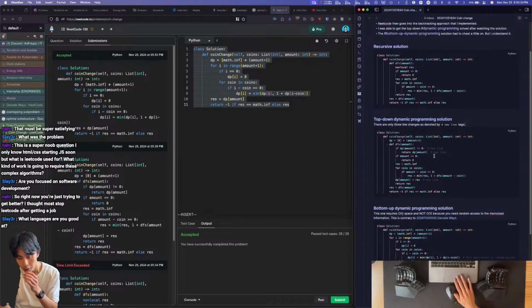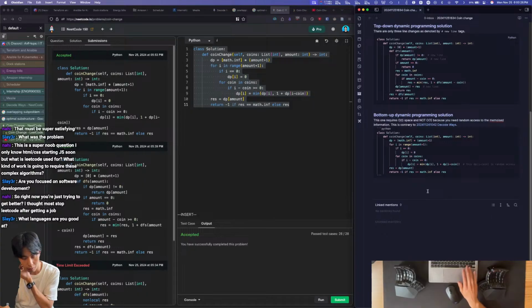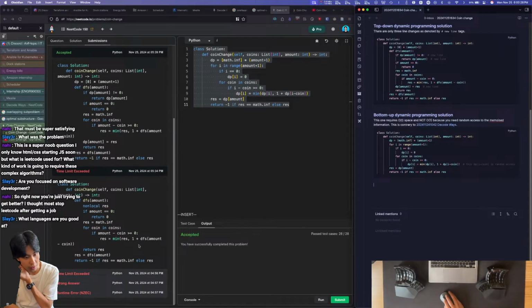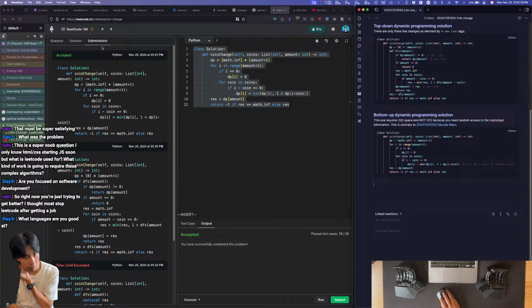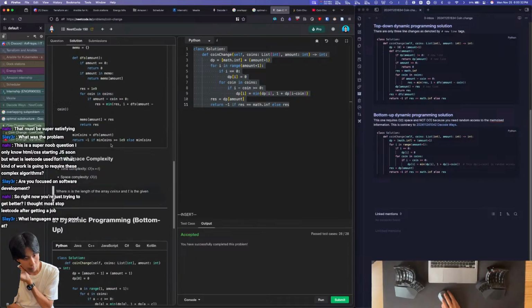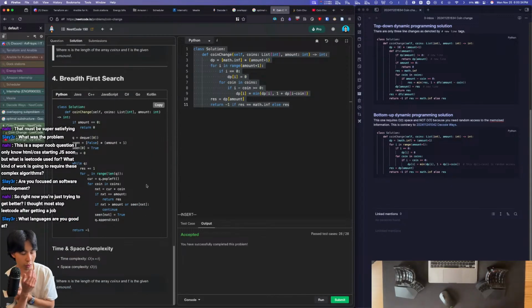All right. And then there is a breadth first search solution. I can just look at this and have a think. Seen times the amount plus 1. If it is seen, next is equal to true. Seen 0 is equal to true.